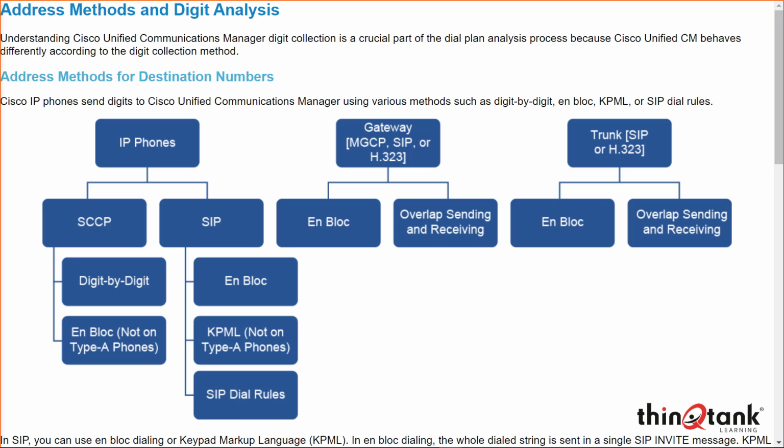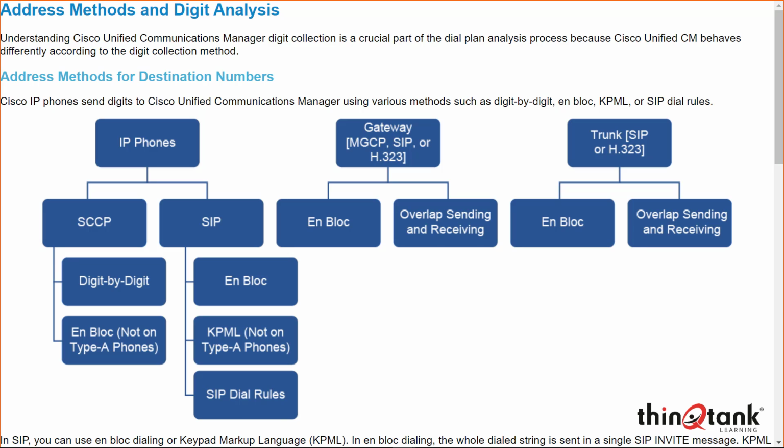When I'm doing digit by digit analysis, I'm collecting a digit, matching it against all the partitions and all the patterns, and eliminating patterns until I finally get to the point where there's only one matching pattern, right? N block is basically doing the same thing. We're just waiting to collect all of the digits before we make that decision.